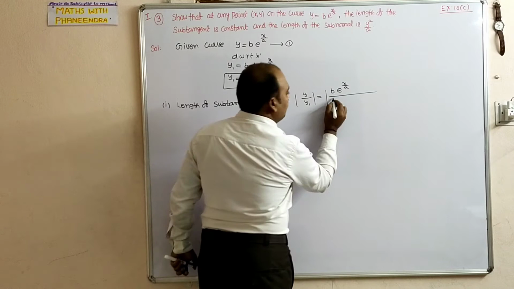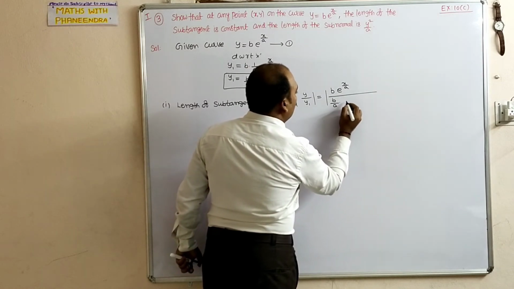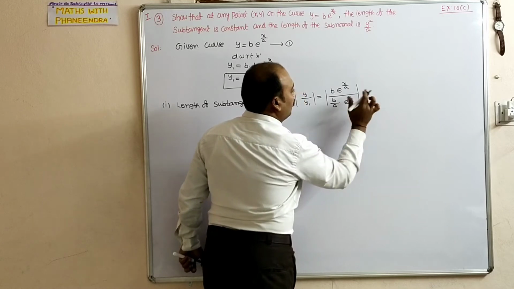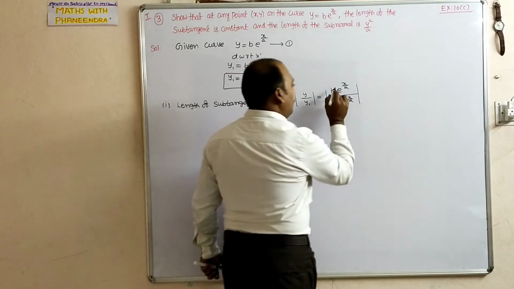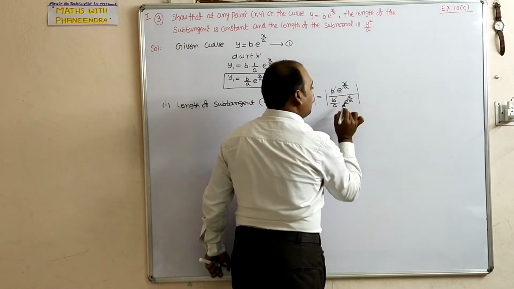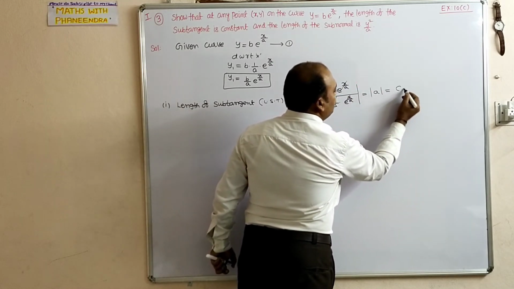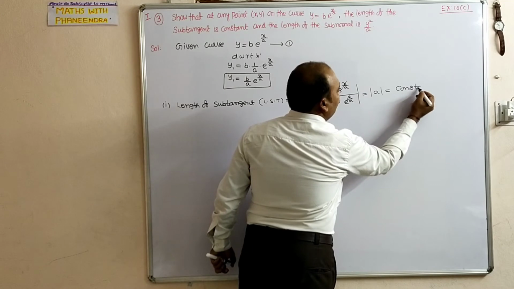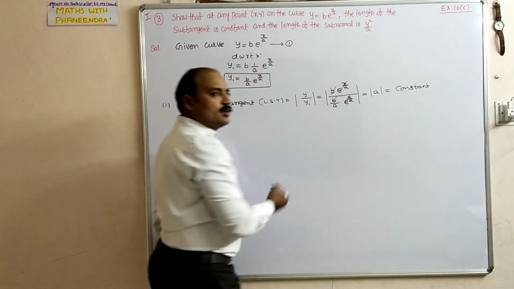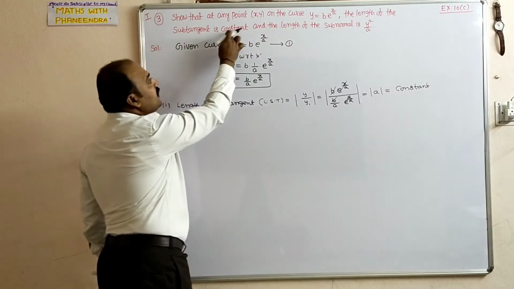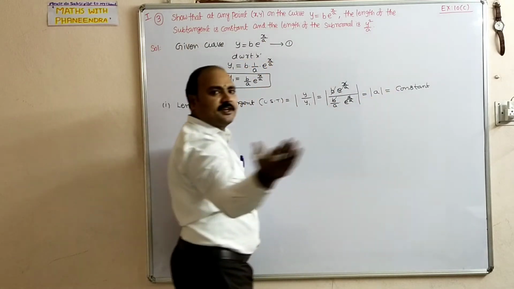The y1 value is b by a into e power x by a. After that, b gets cancelled, e power x by a cancelled, denominator of denominator becomes numerator: mod a, which is a constant now. We got the first question's answer. They are asking to prove the length of the subtangent is constant. We got it as a constant.